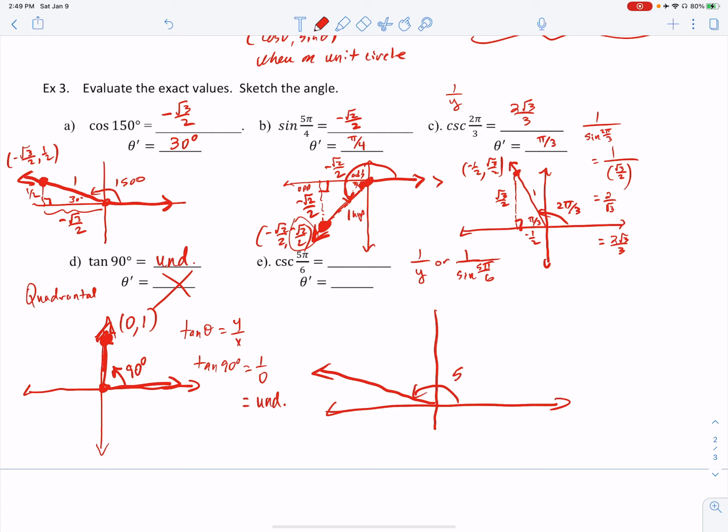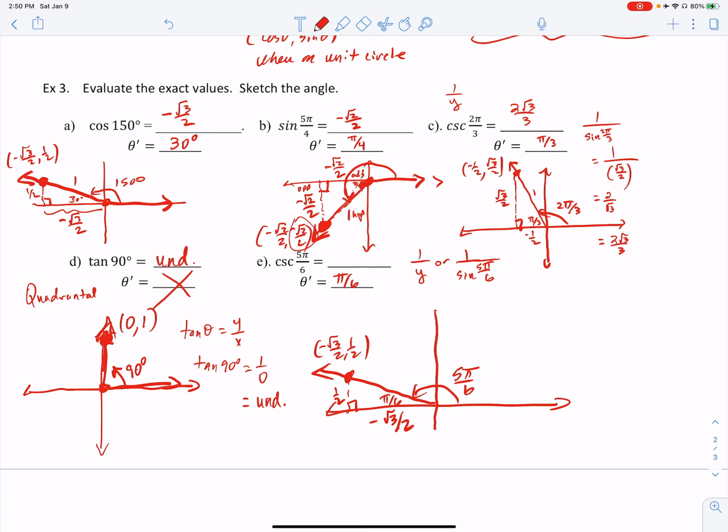There is my 5 pi sixths. So if I have a point here on the unit circle, and my theta is going to be pi sixth, my reference angle. Then here I'm going to the left, it's the long leg, negative root 3 over 2. I'm going up 1/2, so that ordered pair is negative root 3 over 2, and up 1/2.